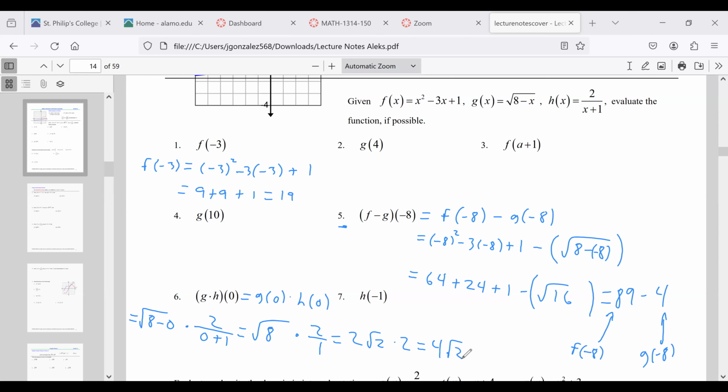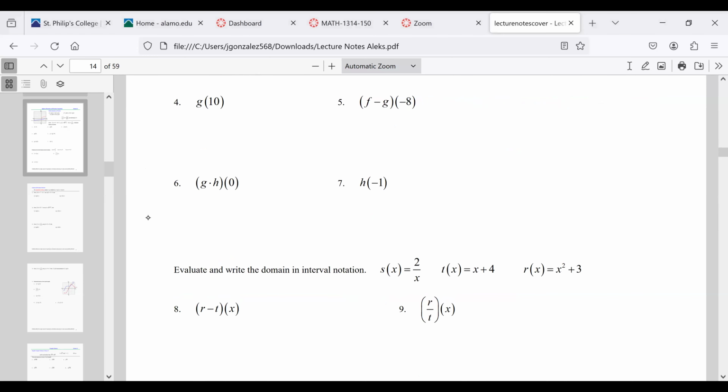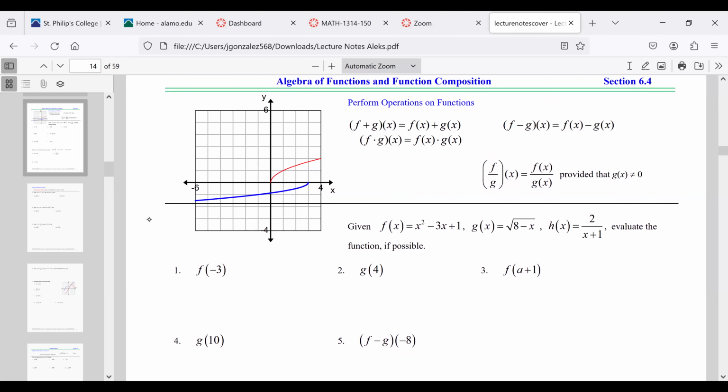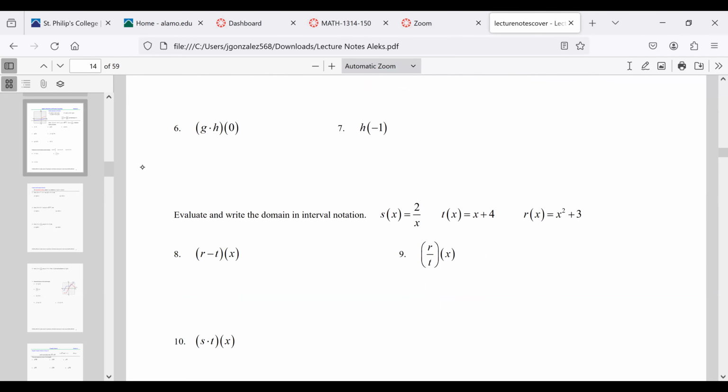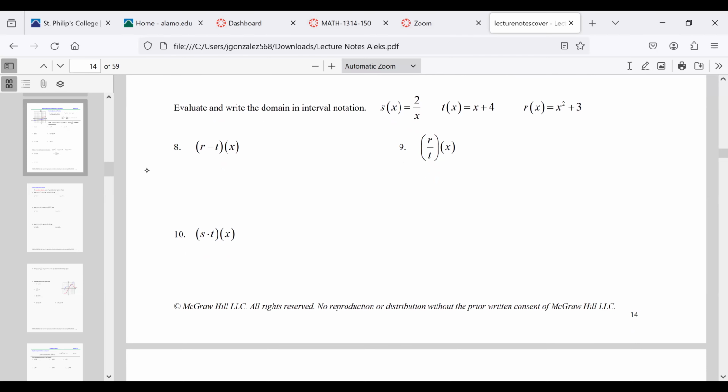Moving on. Evaluate and write the domain in interval notation. So there are some extra notes.